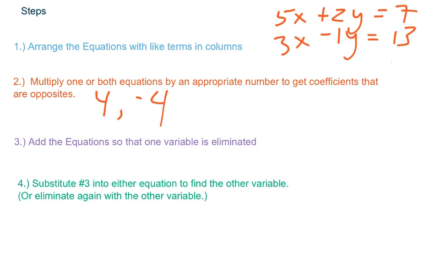Here's the kicker. You can't just multiply one piece of the equation by a 2. You've got to multiply both sides in order to keep it balanced. If you're going to multiply everything on the left, you have to multiply everything on the right. So we'll take the left side and multiply it by 2, and take the right side and multiply it by 2.